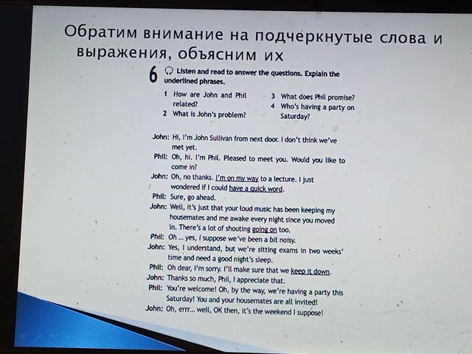Now look through the dialogue again and pay attention to underlined phrases. I'm on my way. It means I am going. Have a quick word.